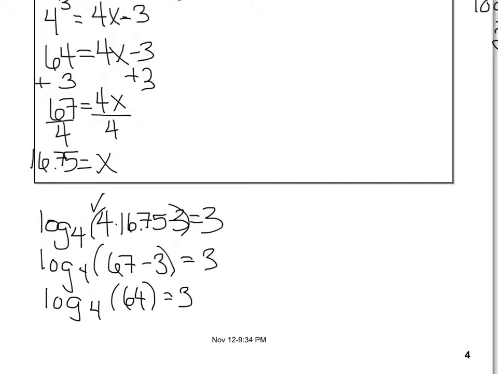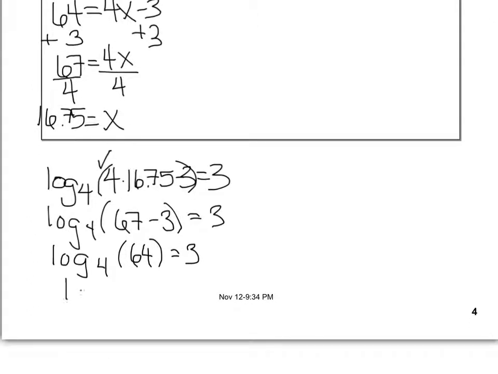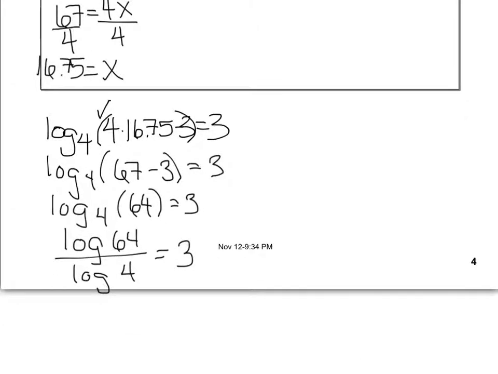Since we don't have a base of 10, we need to use our change of base formula. So log 64 divided by log of 4. And when you type that into your calculator, you should get that 3 equals 3, which means 16.75 is a legitimate answer.